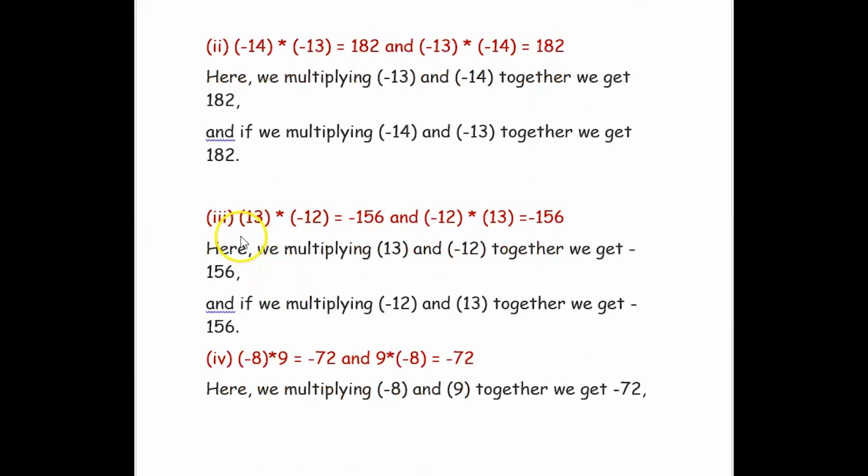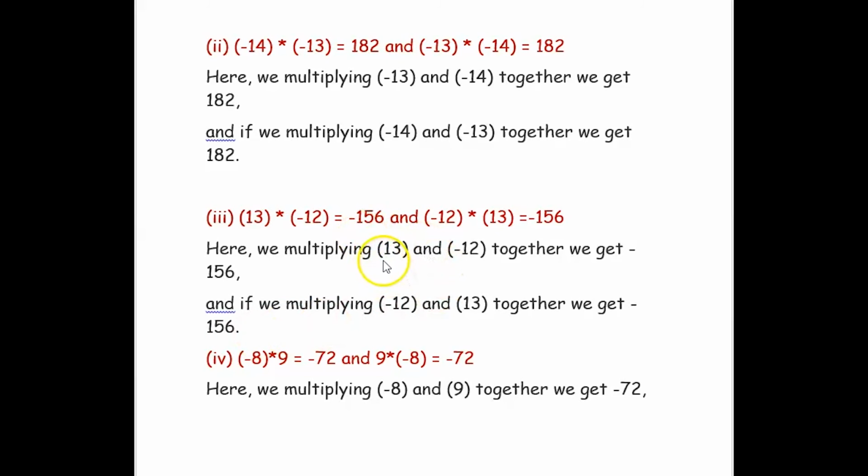The next number is 13 into negative 12. So here we are multiplying negative 12 and 13, one positive number and one negative integer. So we have to multiply the integers first and we have to put the negative sign in the front. So 12 into 13 is 156, and we put the negative sign in the front, so our answer will be negative 156.